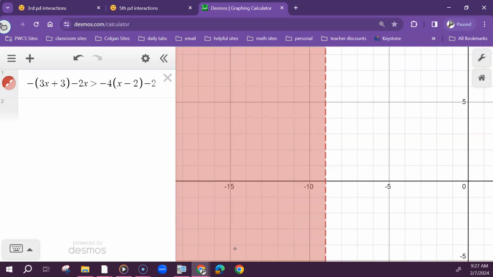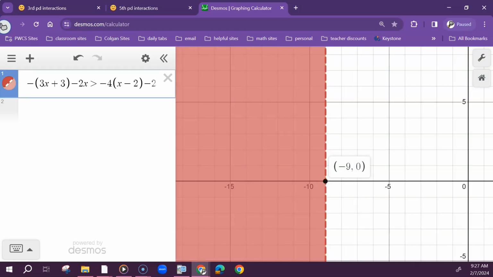So when you put in your whole inequality, you'll get something that's shaded like this. We'll talk more about actual shading on graphs in a couple lessons. But you can look at where this line is to see what the number would be, and if it's shaded to the left or to the right, to draw your arrow.